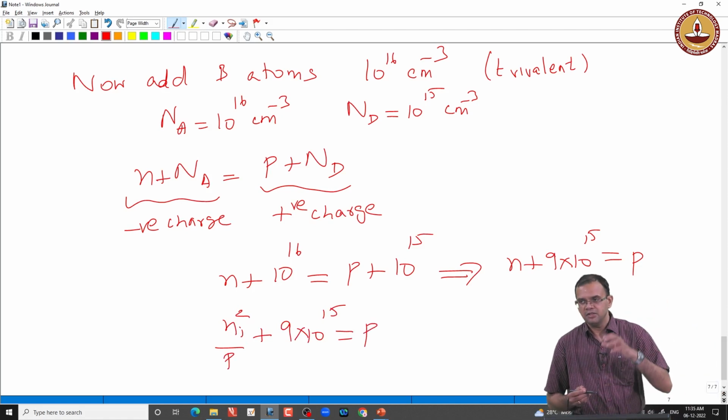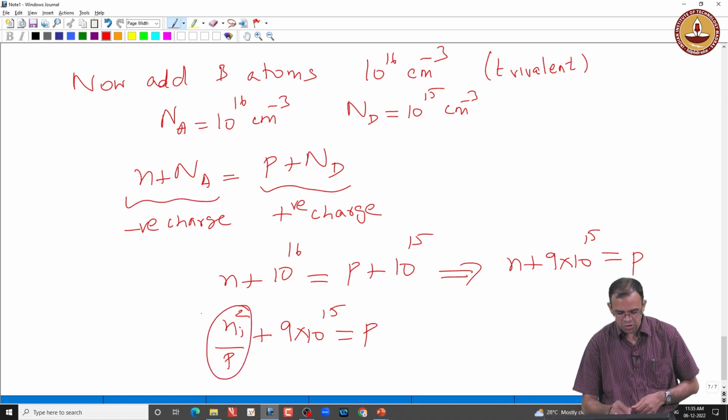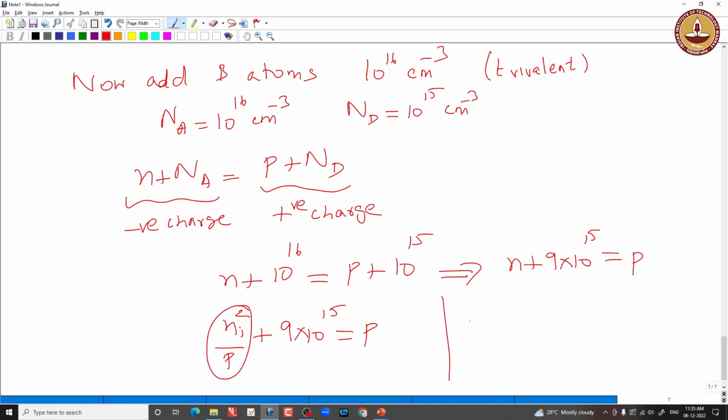And again we can solve this as a quadratic equation, but this term is usually very small. So now you get P equals 9 times 10 power 15 per centimeter cube, and N is 1.1 times 10 power 4 per centimeter cube.